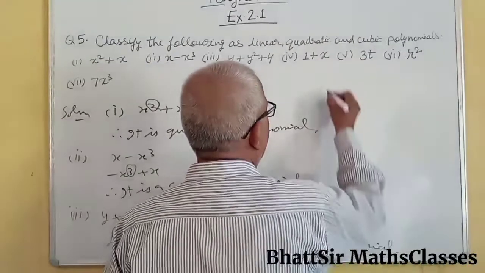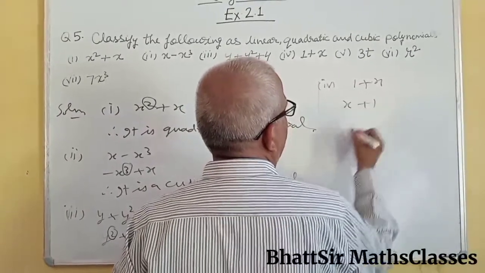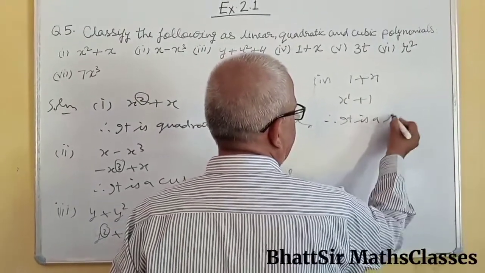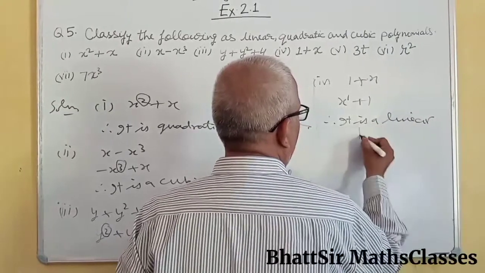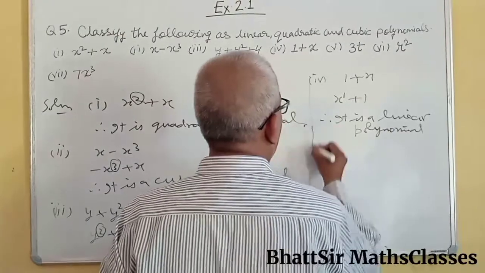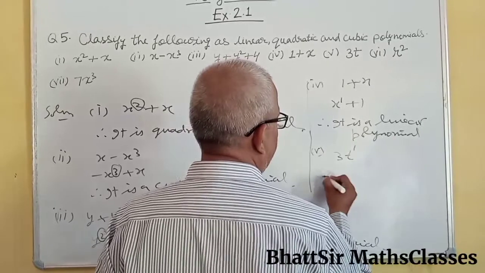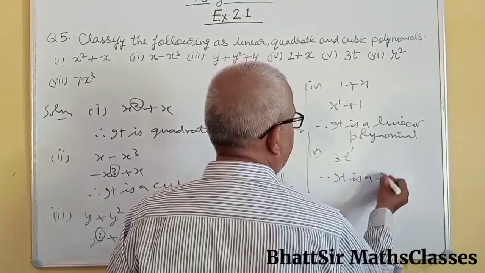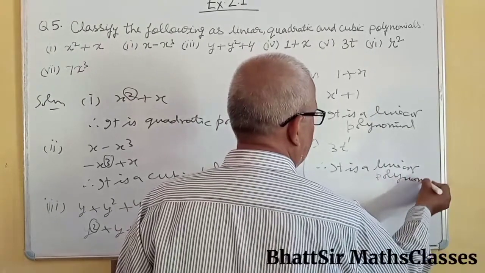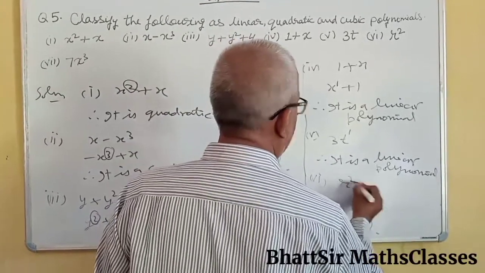Now the fourth part: 1 plus x. Write in standard form: x plus 1. Having degree 1, therefore it is a linear polynomial. Fifth part, 3t. Highest degree 1. Therefore it is a linear polynomial. Sixth part, r square.